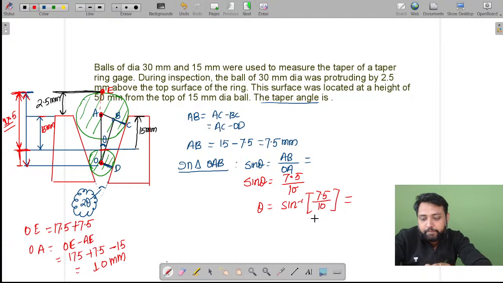Anyone? I'm waiting for you in the chat box. Please calculate this value and tell me.